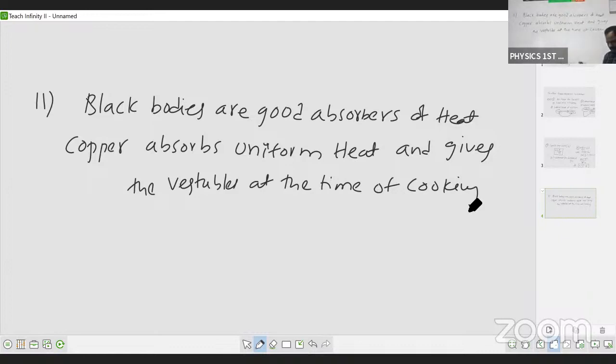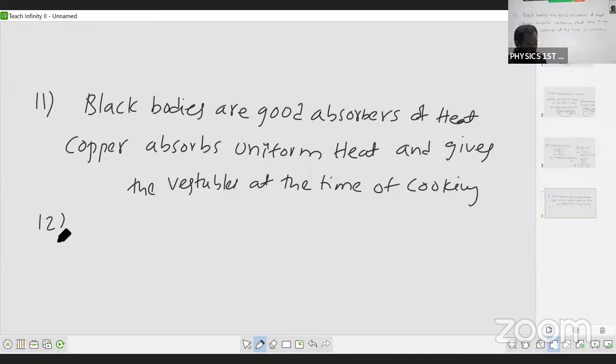Next, ventilators are provided in the rooms just below the roof. Why? You know, ventilators, what is their purpose? We want to remove hot air out. When hot air goes out, automatically cold air comes in. That's why.